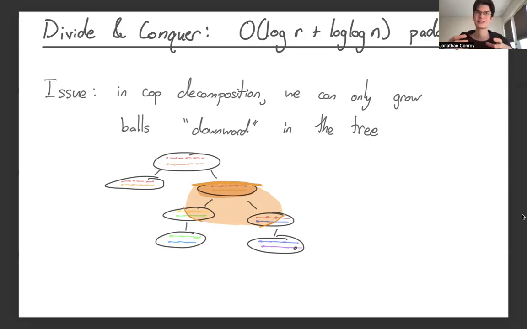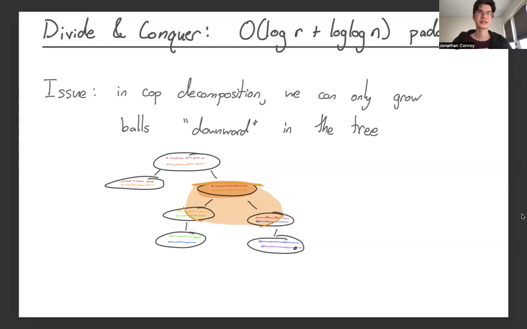They're only shortest paths with respect to some downward graph. And so when we do our ball carving argument, it ends up only being safe for us to grow balls in this downward graph.